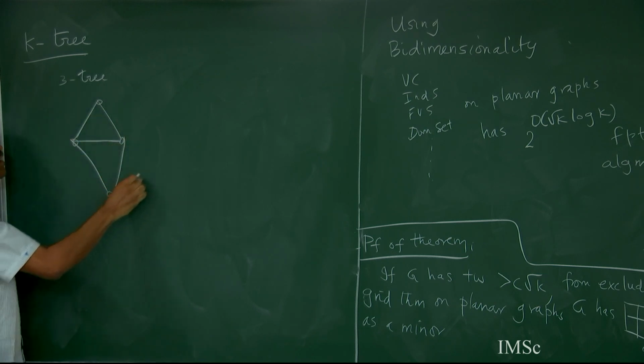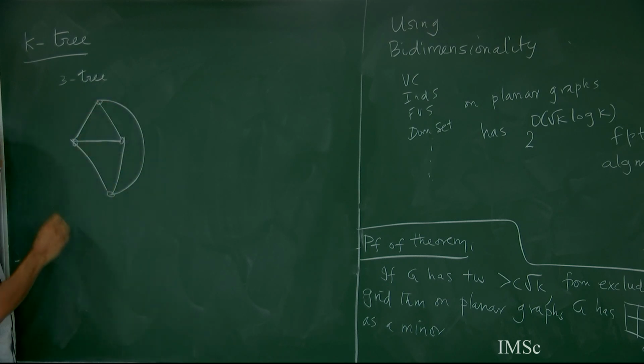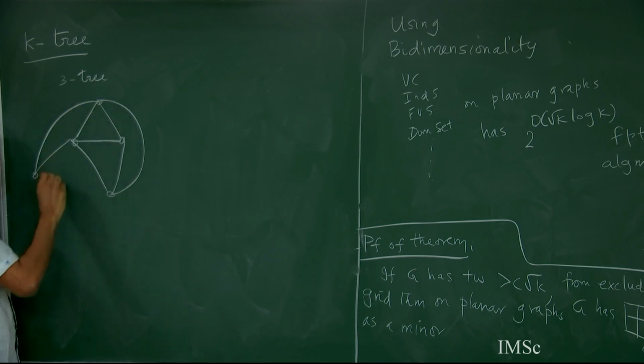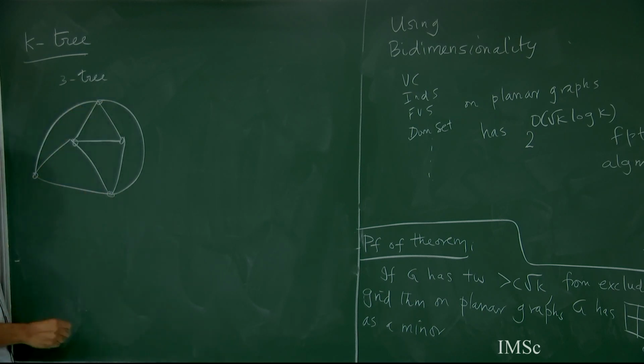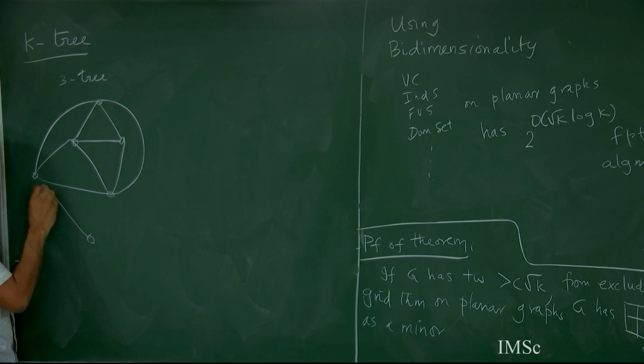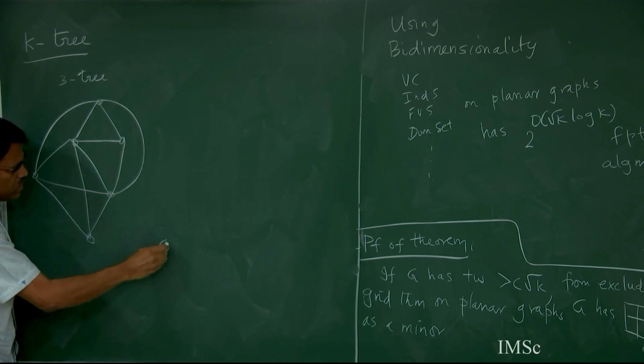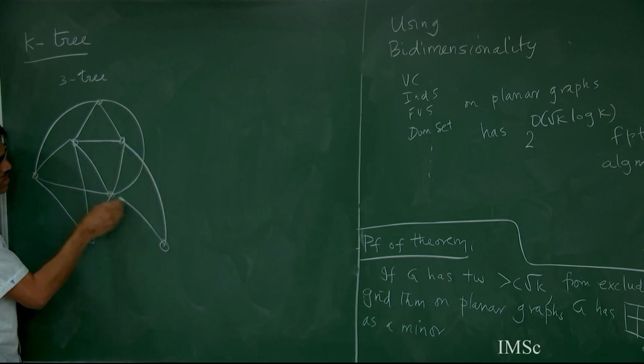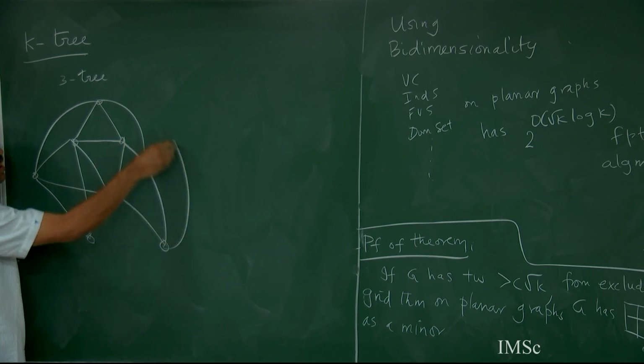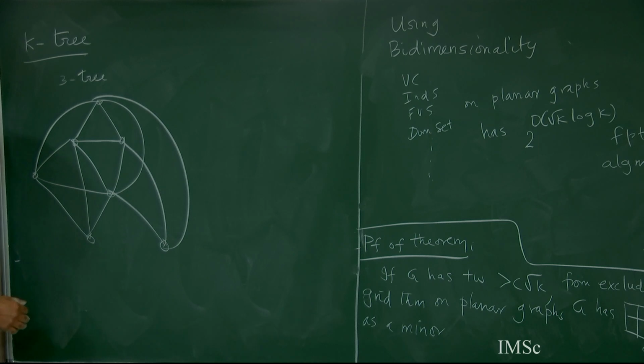In this case, I had no choice. Then I pick a vertex and add it to these 3 vertices. Pick another vertex, I add it to maybe these 3 vertices. New vertex, I add it to these. Keep doing this, and what I get is what is called a 3-tree.